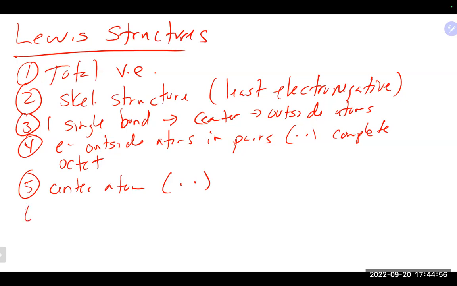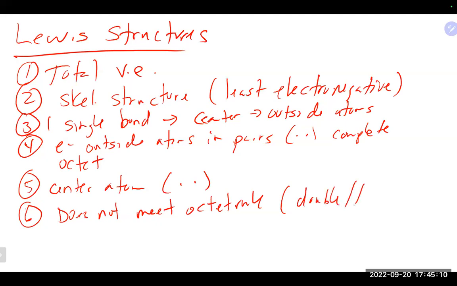And it's at that point, if somebody does not meet the octet rule, that you might want to apply a double bond or a triple bond if necessary to fix that. And remember, when we make double bonds or triple bonds, we're basically bringing electrons in to do so. We're not adding electrons, otherwise we'll have too many on our total.